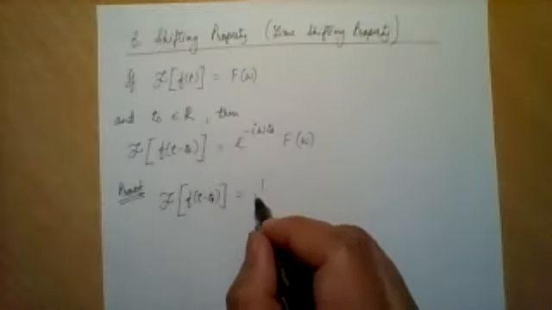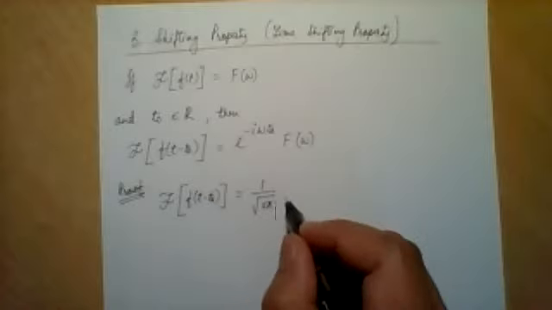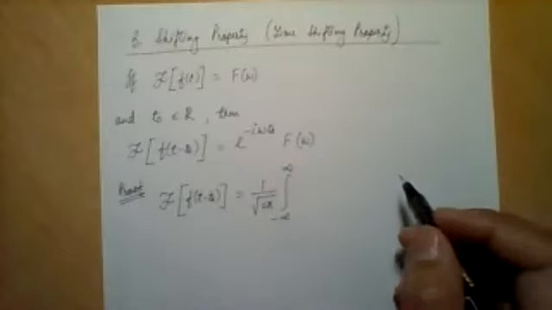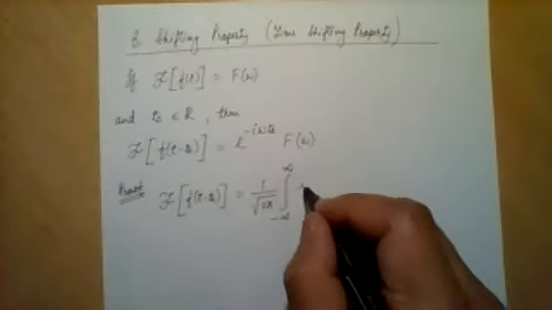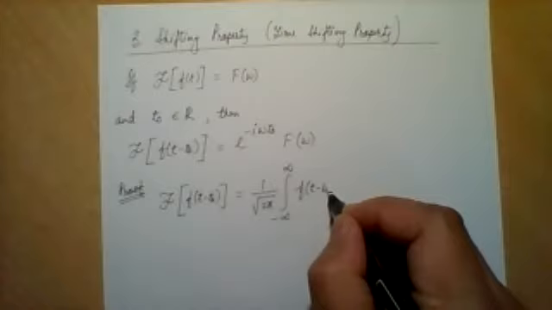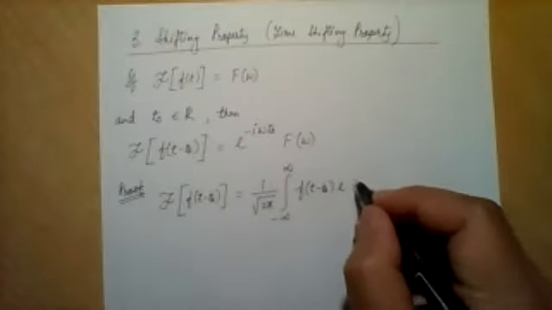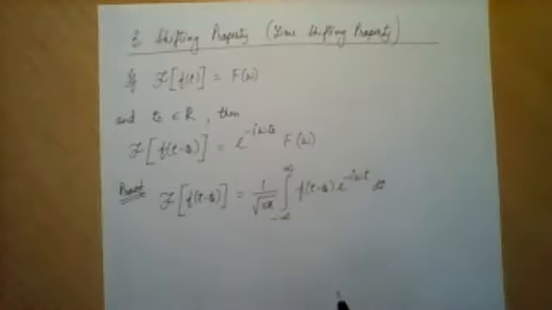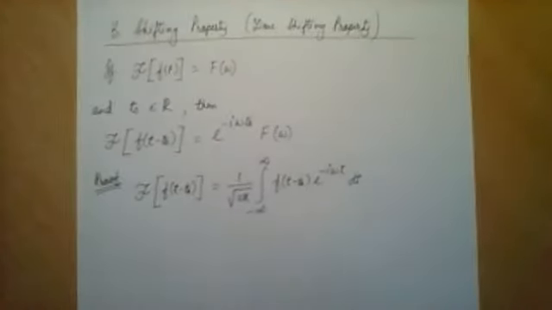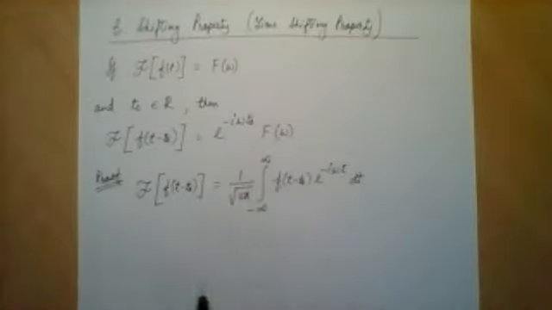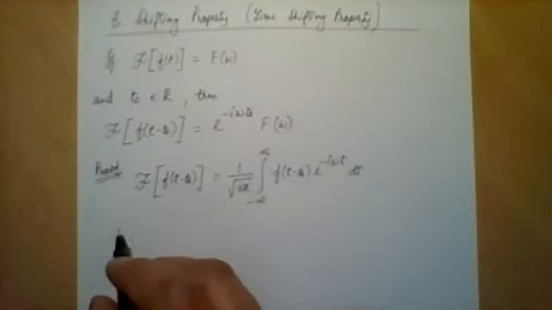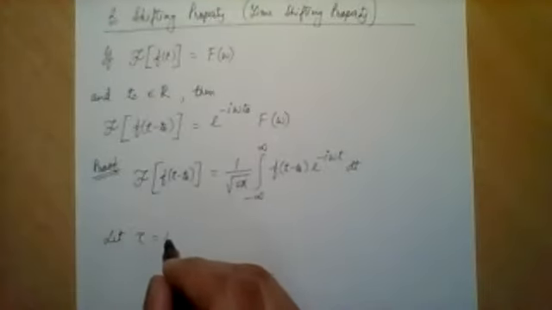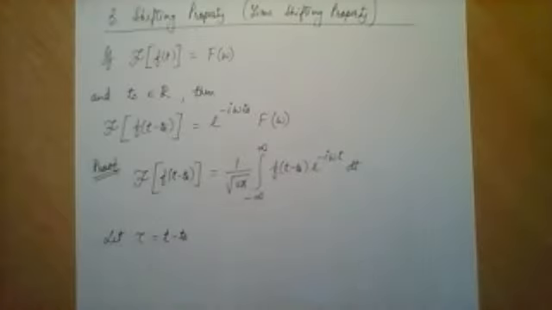And this is by definition 1 by root 2 pi integration from minus infinity to plus infinity f of t minus t0 e to the power minus i omega t dt. Now let us change the integration variable from t to some tau. So let us define a new variable tau as t minus t naught.